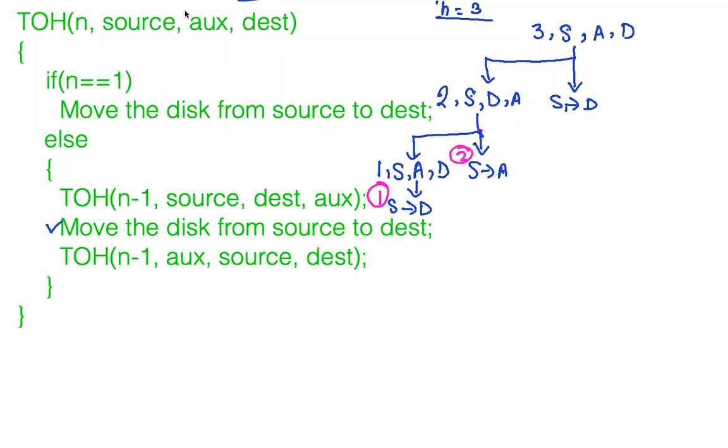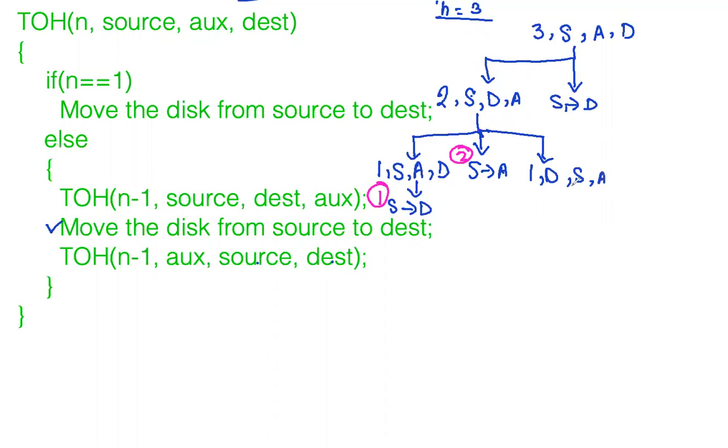Next, what is the recursive call? The recursive call will be on this part. So the recursive call is 1, and now aux, S, D, that is auxiliary, source, destination. Which is my auxiliary peg in this case? D. Which is my source? S. And what is the destination?